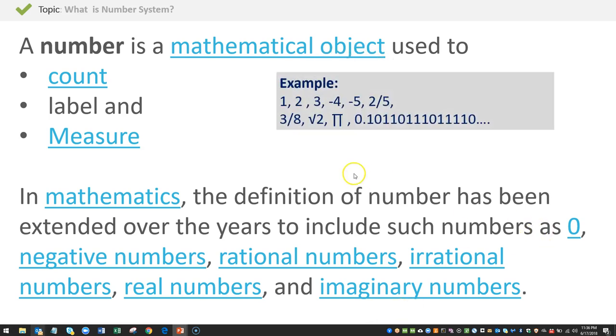Now here are some examples. 1, 2, 3, -4, -5, 2 by 5, 3 by 8, square root of 2, pi, 0.10110111011110, and so on. These are some examples of numbers.